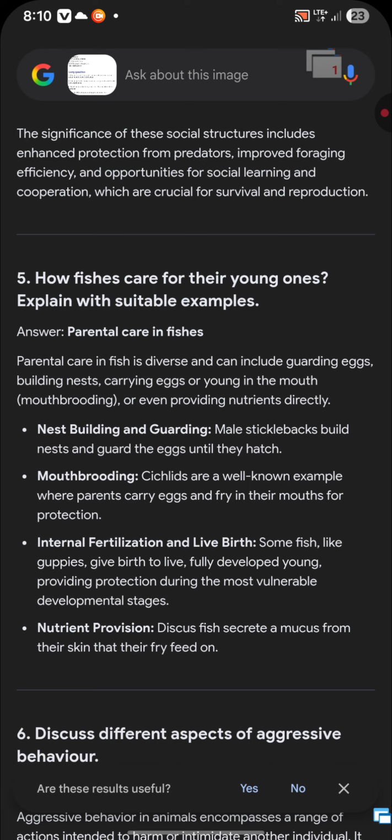1. Triggers: changes in day length, photoperiod, and temperature are key environmental triggers. 2. Navigation: birds use a variety of cues for navigation, including the sun, stars, the Earth's magnetic field, and visual landmarks. 3. Physical demands: migration requires significant energy reserves, often built up through hyperphagia, excessive eating, before the journey. 4.